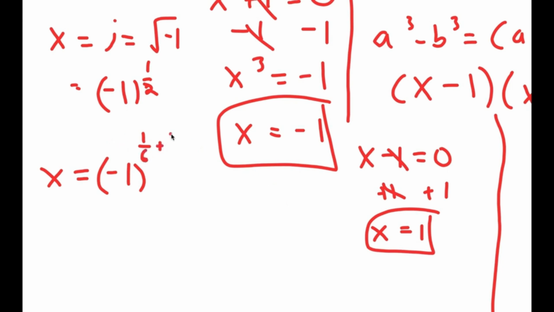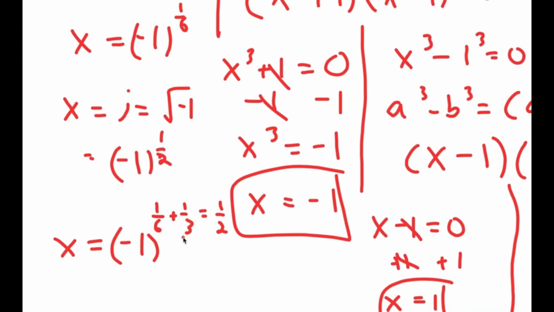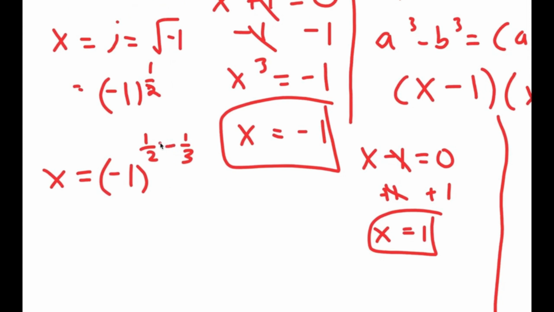So 1 over 6 plus 1 over 3 is equal to 1/2. Meaning 1 over 6 we can rewrite as 1 over 2 minus 1 over 3. Now, this is the same thing as 1/2 plus negative 1 over 3.